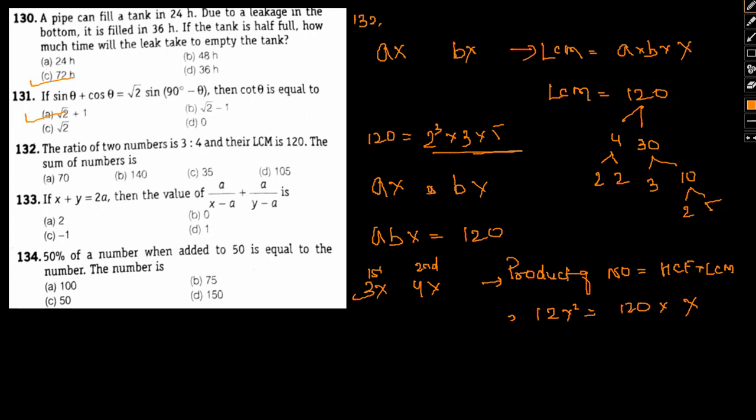Because suppose the numbers are ax and bx, HCF will be equal to x. This is one thing we should remember. So x and x get cancelled, therefore x will be 10. So the first number will come out to be 30, and the second number will come out to be 40.